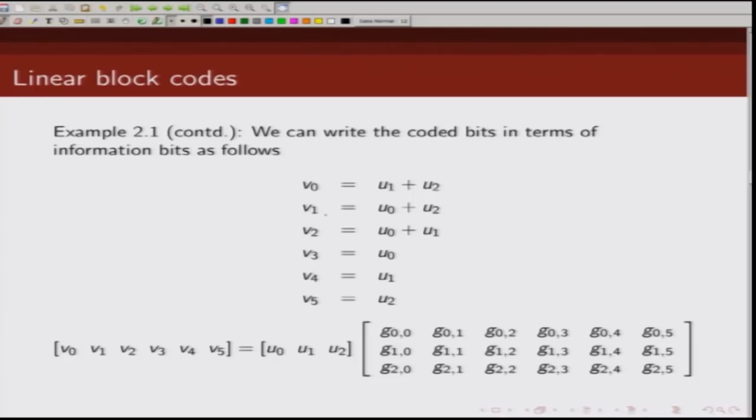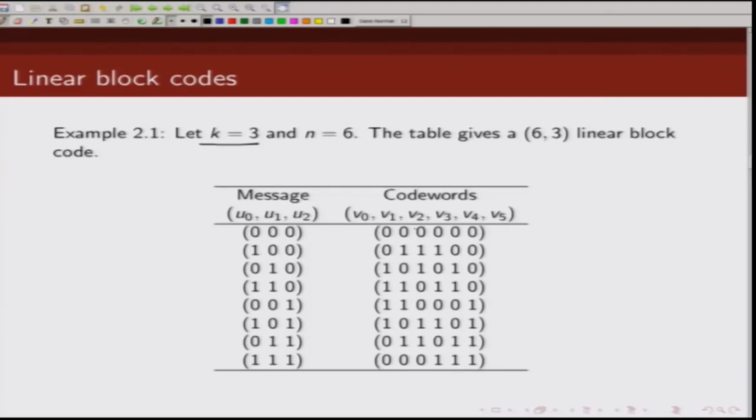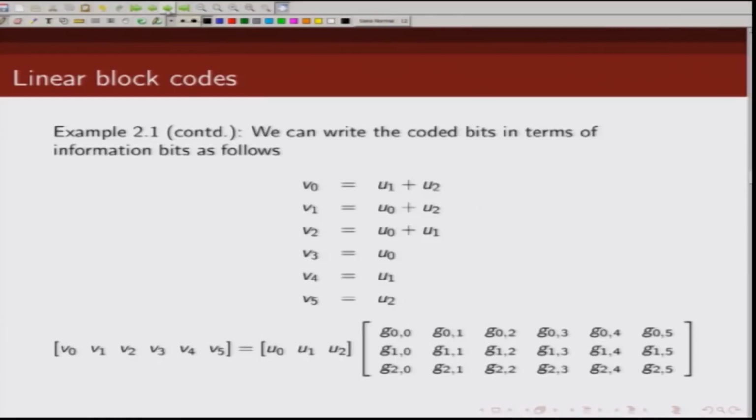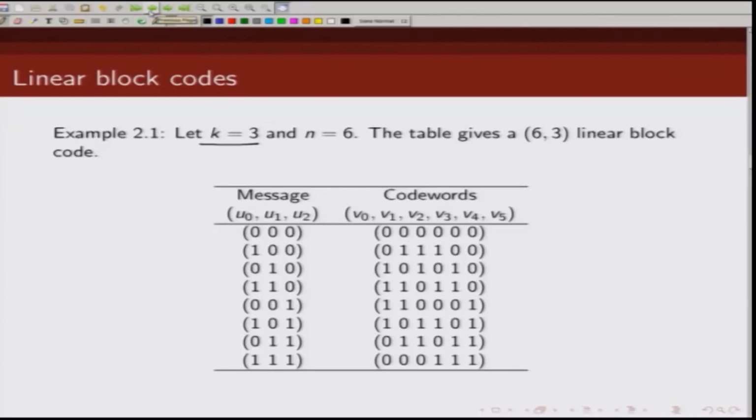Similarly, we can see V1 is given by U0 plus U2 and V2 is given by U0 plus U1. Let us just check again, V2. V2 is given by U0 plus U1. We can check: 0 plus 0 is 0, 1 plus 0 is 1, 0 plus 1 is 1, 1 plus 1 is 0, 0 plus 0 is 0, 1 plus 0 is 1, 0 plus 1 is 1, and 1 plus 1 is 0.